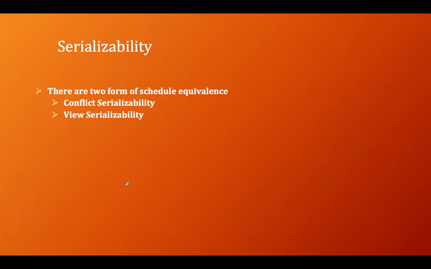If all the conflicts of the non-serial schedule are the same as in the serial schedule, then it is called conflict serializability. If all the views also exist in the non-serial schedule which is equivalent to the serial schedule, then it's called view serializability.